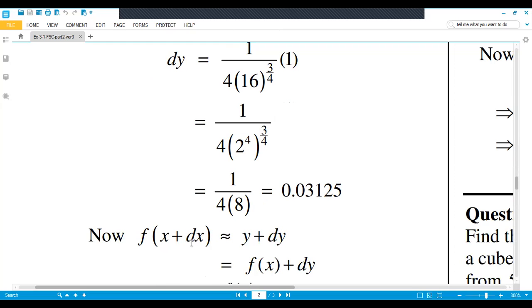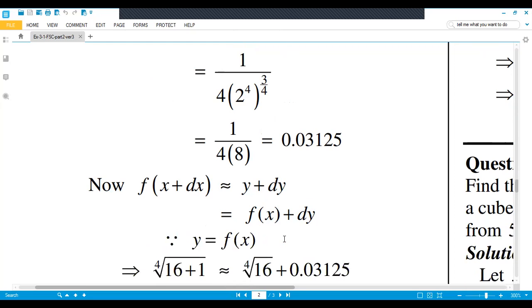Now f of x plus dx is approximately equal to y plus dy.